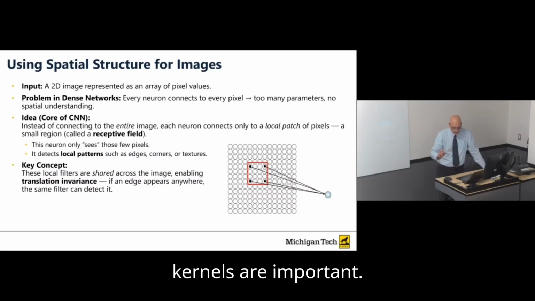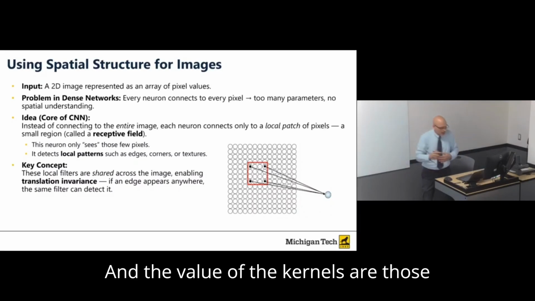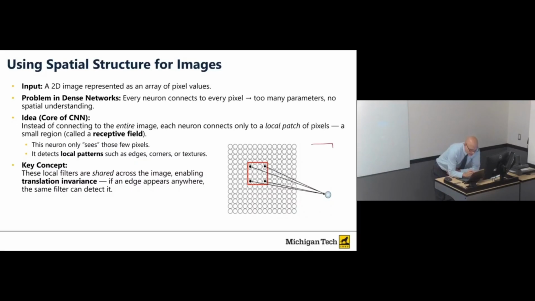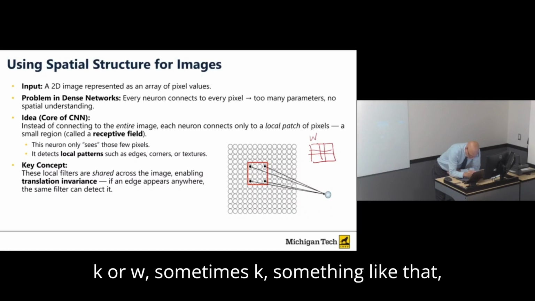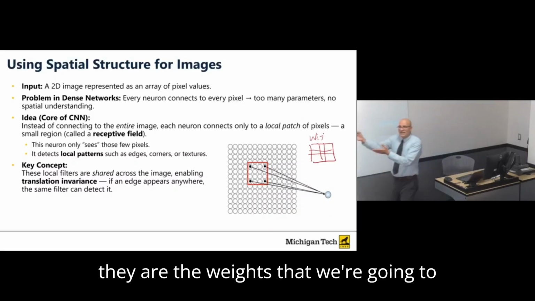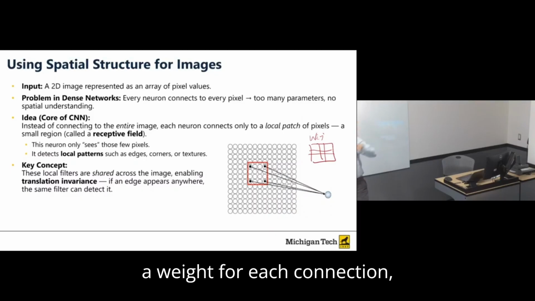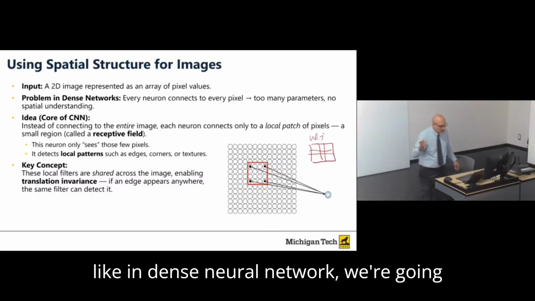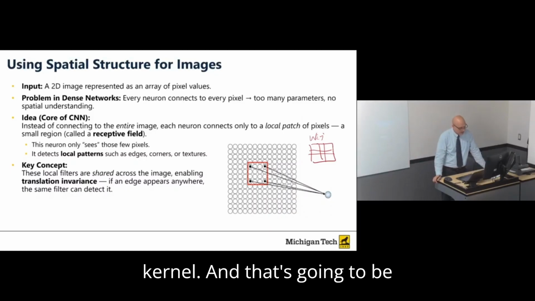These kernels are important, and the values of the kernels are those W's that we need to learn. We can call them K or W, it doesn't matter. Wij are the weights that we're going to learn. Instead of having a weight for each connection, like in a dense neural network, we're going to learn these weights in the kernel.